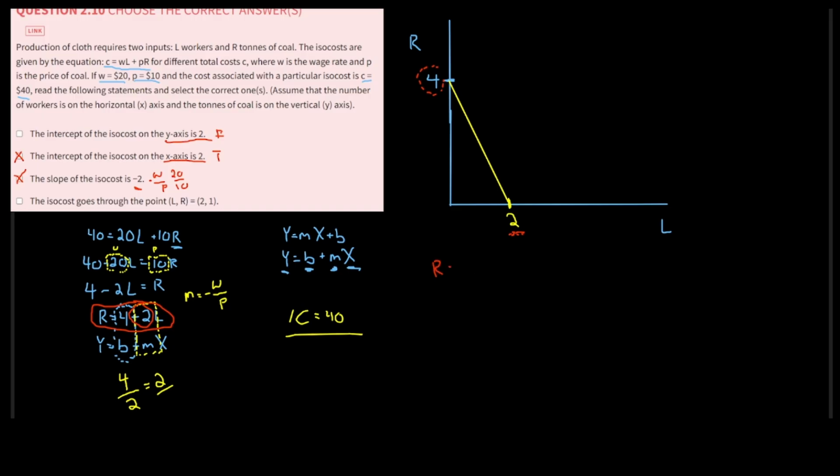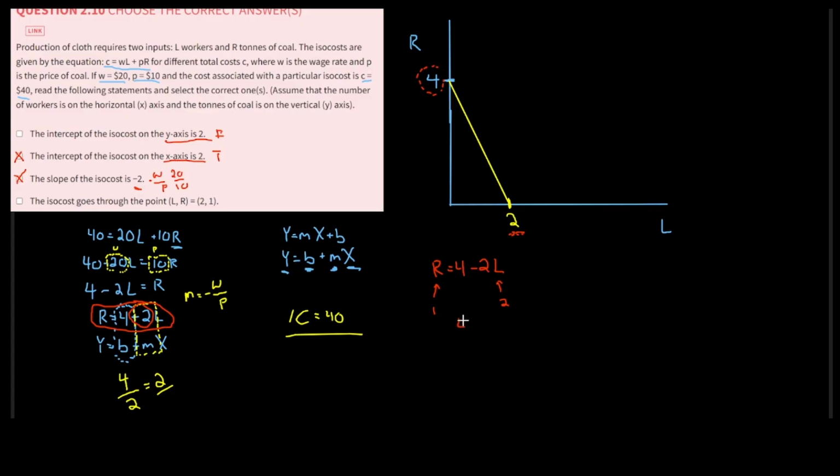We said that R equals 4 minus 2L. If this is true, if I substitute in 2 for L, I should get a value of 1 for R. But let's see, do I?